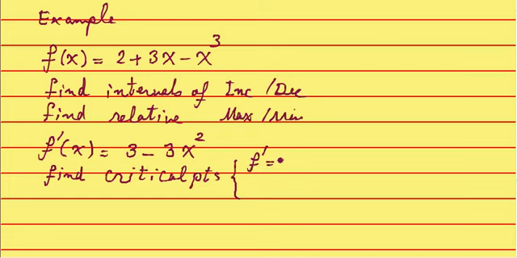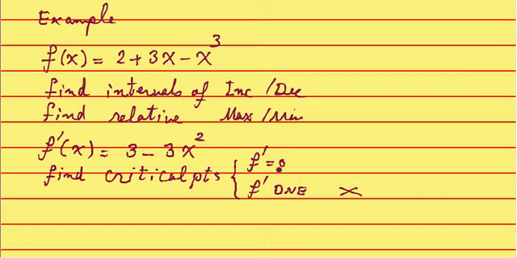Where the derivative is 0 or derivative does not exist. Luckily, this category is out. Derivative always exists. There is no problem here. We never encounter not being able to calculate the derivative. So this category doesn't show up in this problem.